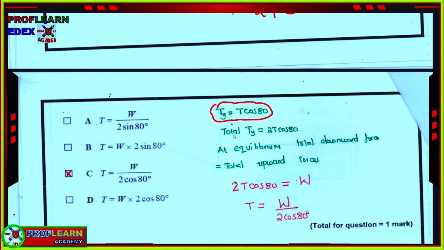Total in the y direction is 2 times T cos theta. At equilibrium, total downward force is equal to the total upward forces. So we can say our T is W over 2 cos theta. That is correct. This is wrong. Anywhere you see sine is wrong, and I've shown why we are using cosine.